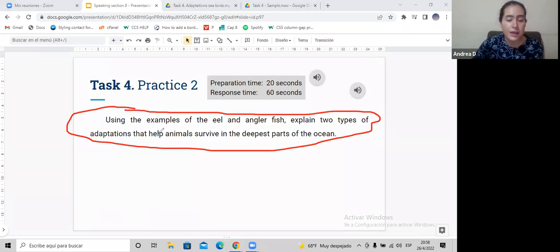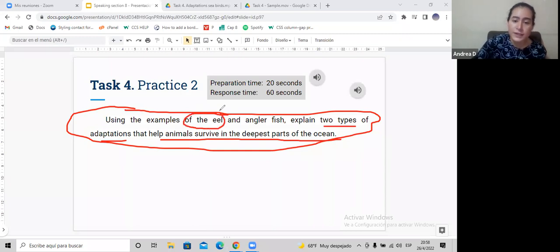You can say, the professor talks about the adaptations that help animals survive in the ocean and has two types of adaptations, because we know that there are two types. First, the professor explains the first type and uses the example of the eel, which is an animal that lives in the ocean, and how they have adapted their body in order to survive. Then the professor explains the anglerfish and how they have another type of adaptation that also helps them survive.